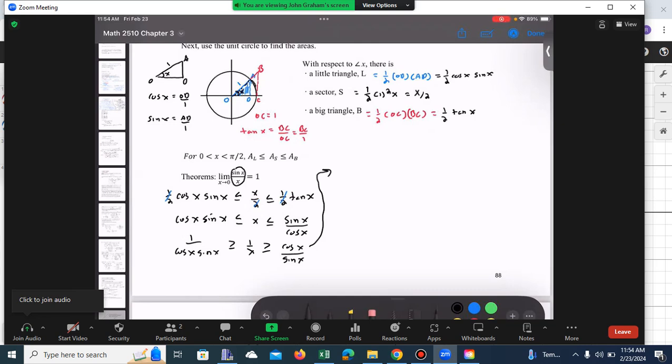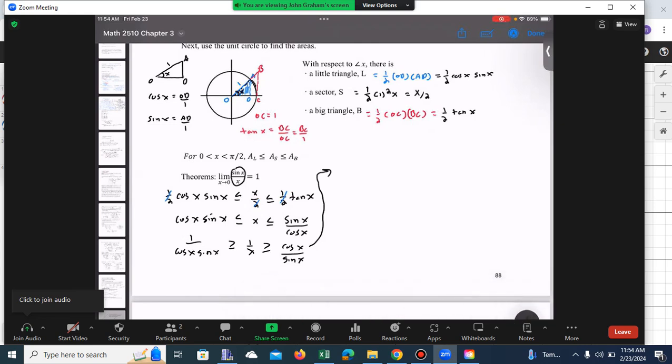The sign flips when we flip these. Now I'm going to rewrite them in the order we would think of. So cosine x over sine x is less than or equal to 1 over x, which is less than or equal to 1 over cosine x sine x. It's easier to go from lowest to highest.